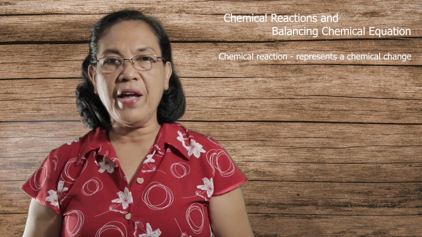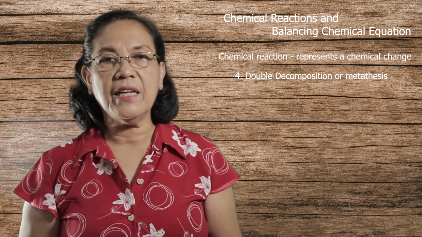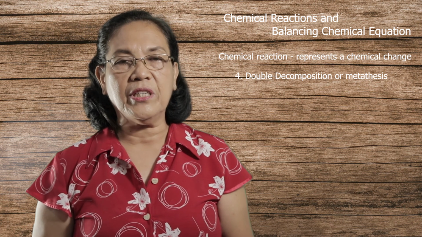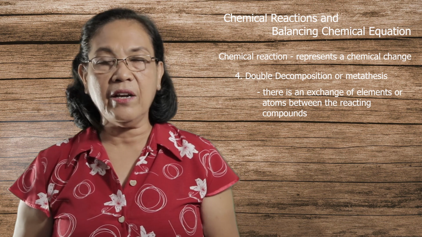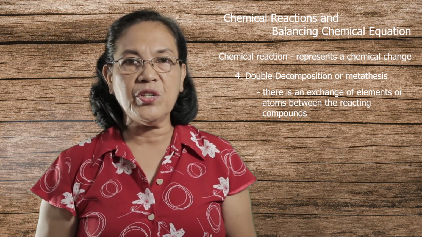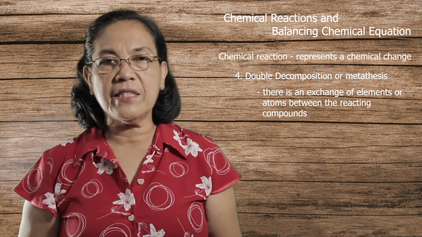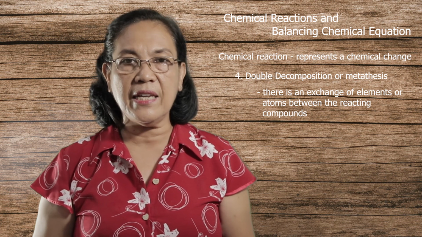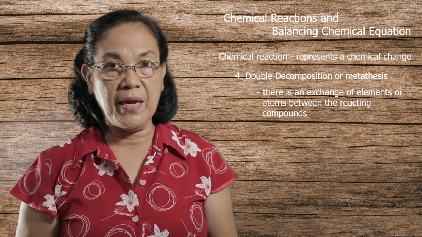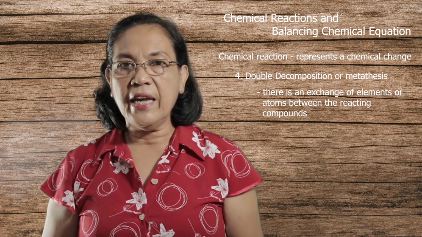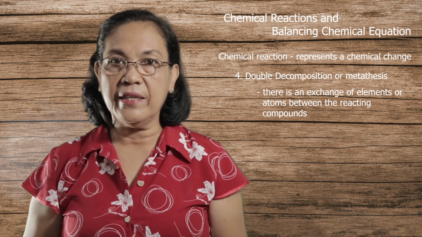Another type of chemical reaction is the double decomposition, or known as the metathesis. In this type of reaction, there is an exchange of elements between reacting compounds, and the pattern is AB plus CD equals AD plus CB, taking into account that A and C are cations, B and D are anions.